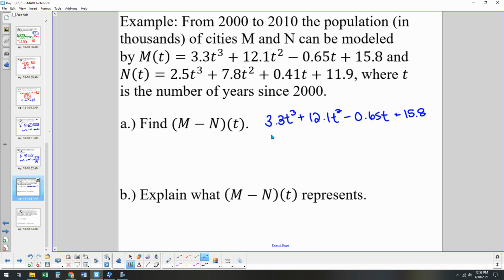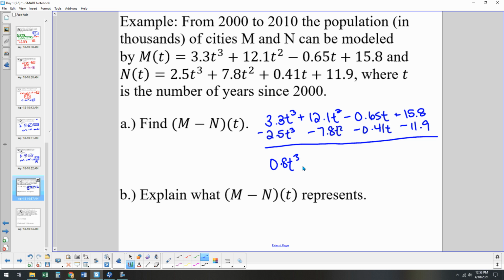So I'm going to change all the signs and line it up underneath. So that's minus 2.5 t to the 3rd, minus 7.8 t squared, minus 0.41 t, minus 11.9. So altogether, we're going to get 0.8 t to the 3rd plus 4.3 t squared minus 1.06 t plus 3.9.